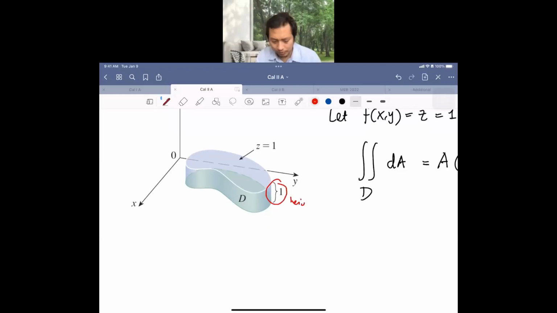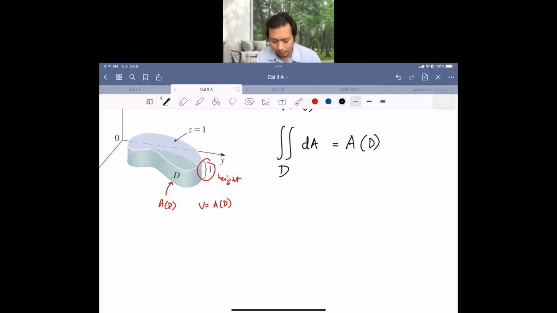This is the height, and this is the area. Then the volume is equal to the area. I hope this can be clearly understood. So we can write the area of D multiplied by 1. So this is the volume, right?